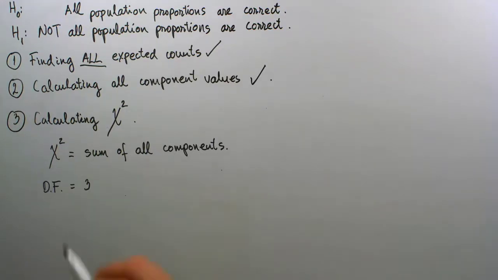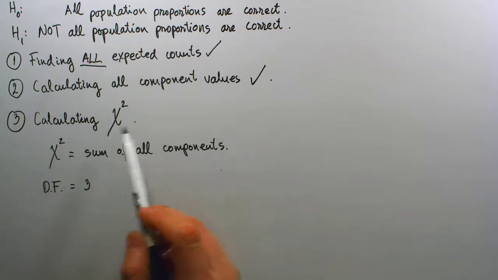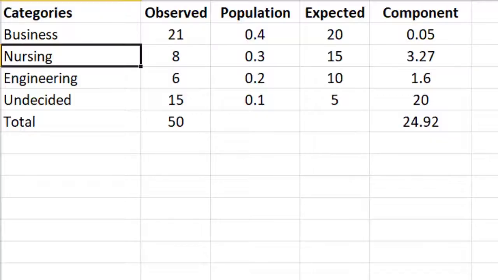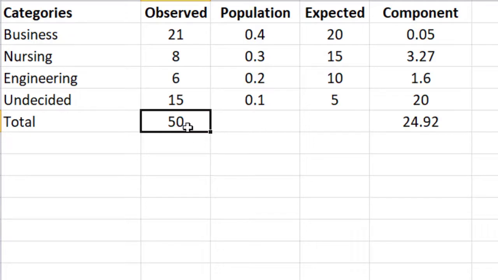All right, now after calculating our chi-square and knowing that our problem has degrees of freedom 3, the next formal step is to calculate the p-value of our sample. Because what we have here is a sample, and somebody else can find a different sample of 50 students, and who knows, in that other sample the observed counts might come out differently.